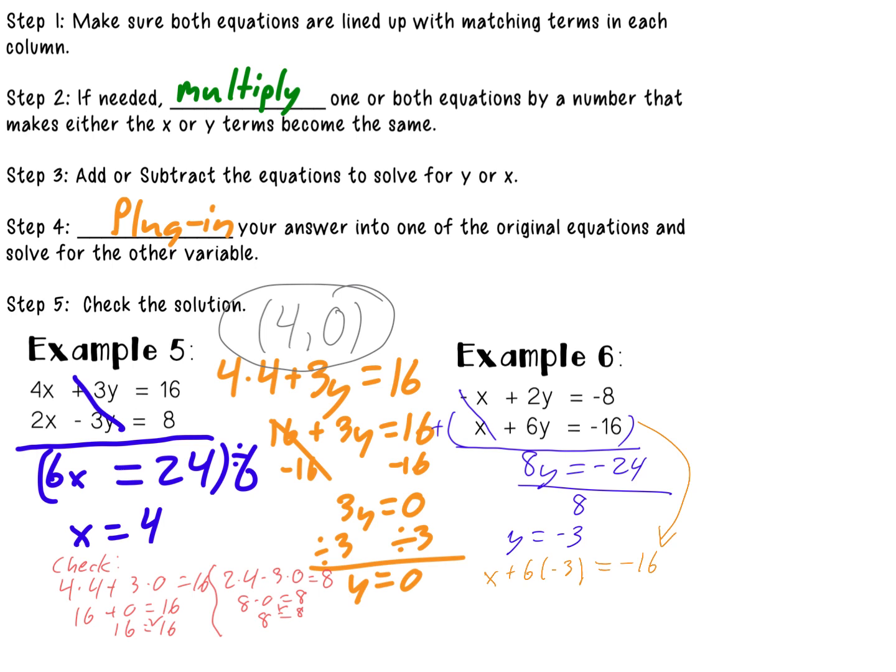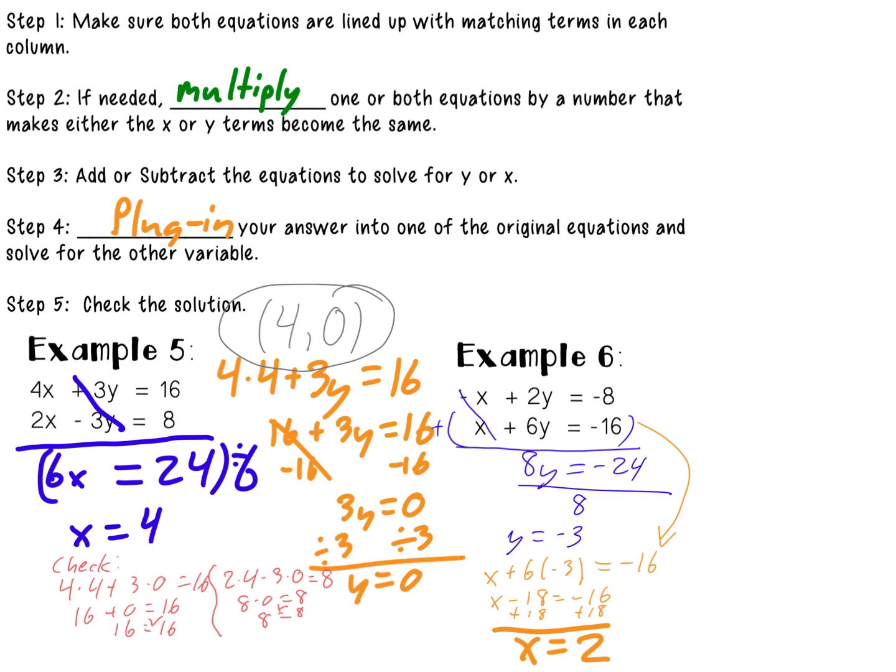Now, we're going to do what we can. x minus 18 is equal to negative 16. Let's go ahead and move that 18 over by adding 18 to both sides. And we are left with x is equal to positive 2.